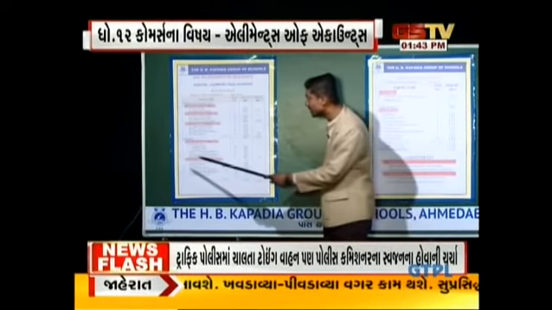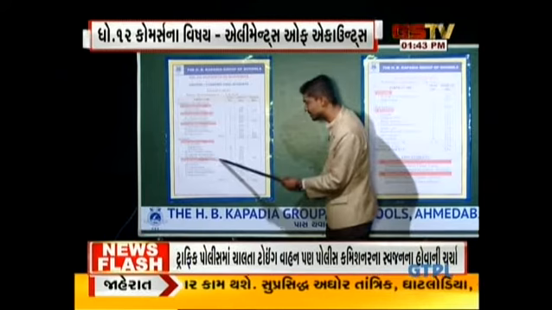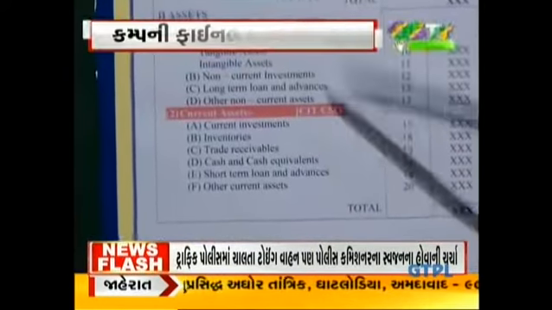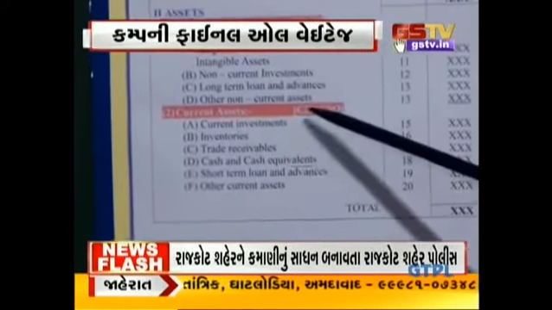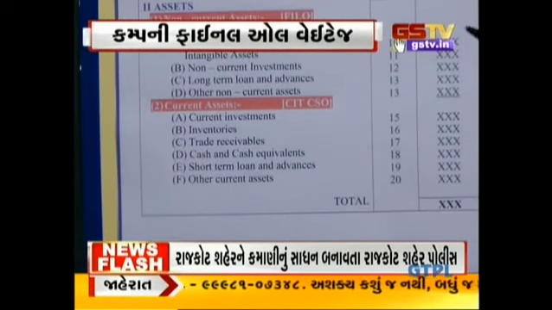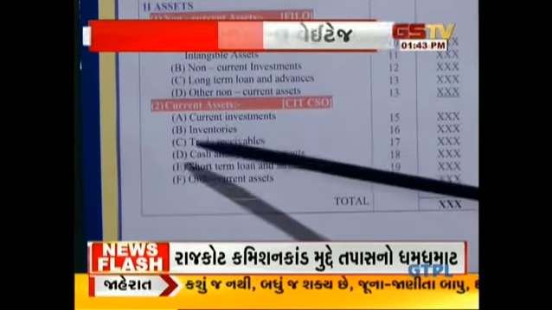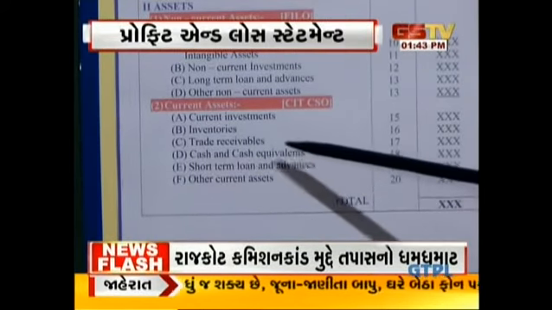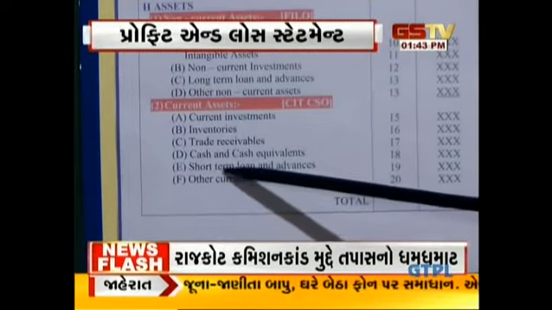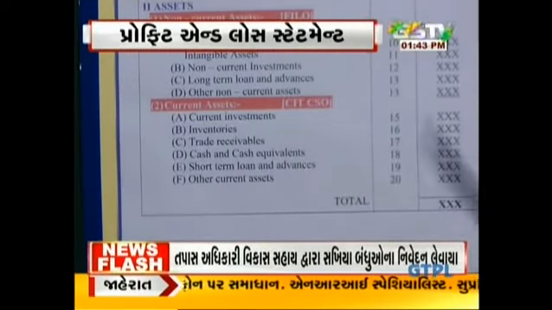Now talking about current assets, we have to remember only 6 initials. SIT, CSO. C stands for current investments, I stands for inventories, T stands for trade receivables, C stands for cash and cash equivalents, S stands for short-term loans and advances, O stands for other current assets. Okay.